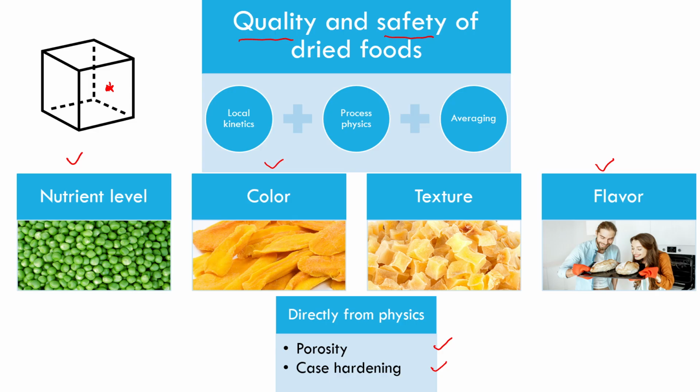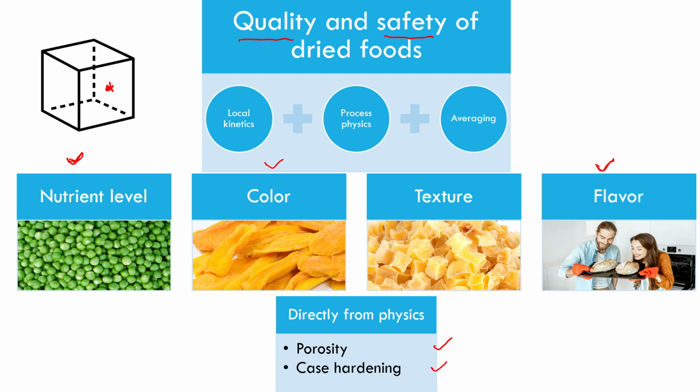So now we combine that temperature in the food over time, or the moisture in the food over time, with the kinetics of, let's say, nutrient degradation, which could be first order kinetics, or kinetics of color, which can be a Maillard reaction that we know, and likewise for flavor.